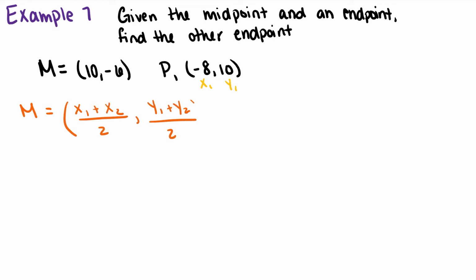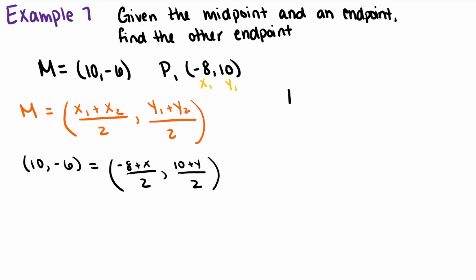So this means 10, -6 is equal to -8 plus x over 2 and 10 plus y over 2. We can separate our x and y values, which gives us 10 equals -8 plus x over 2 and -6 equals 10 plus y over 2.